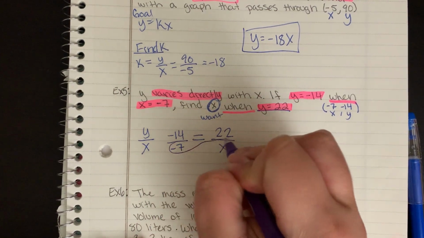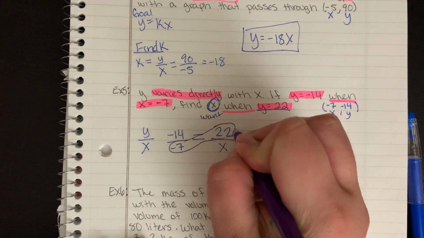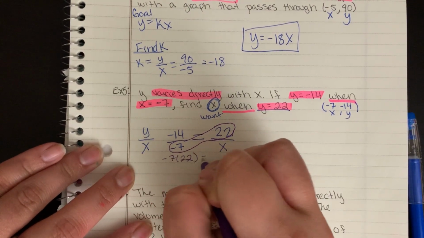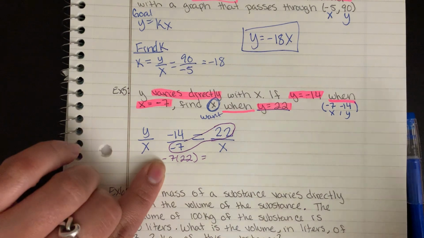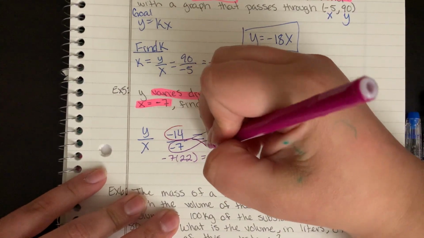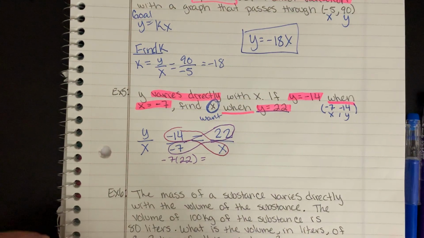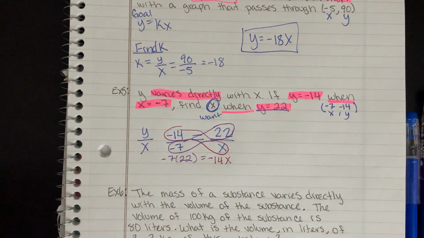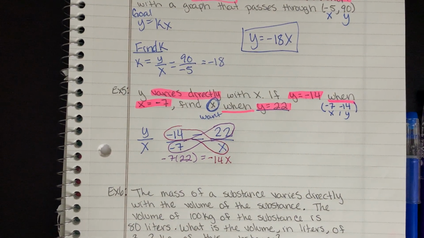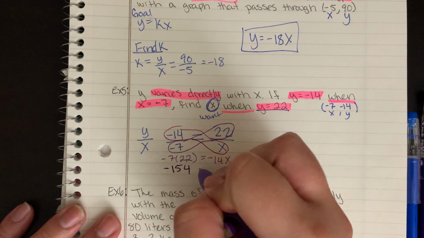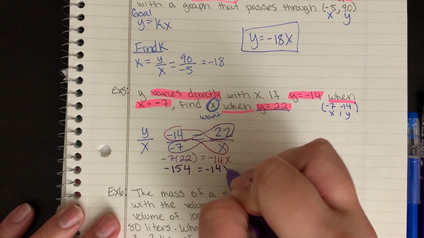So right here, we have negative 7 times 22, and then we multiply negative 14 times x. So let's simplify. Negative 7 times 22 is negative 154. And that's going to equal negative 14x.